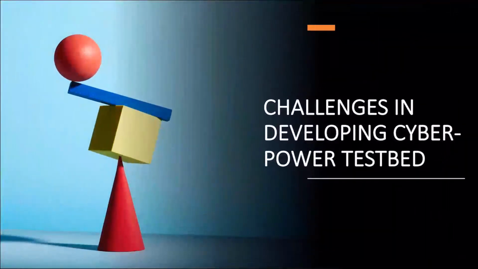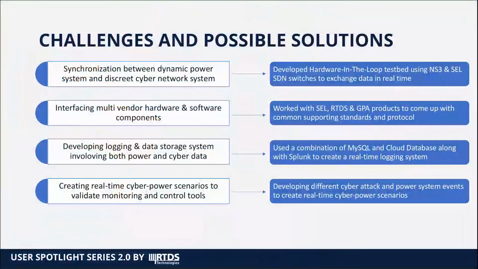Let's talk about some of the challenges that we have encountered, and in general these are the challenges that anyone has to encounter while developing a real-time cyber-physical testbed. The challenges can be divided into four major categories. First is the synchronization between the dynamic power system and discrete cyber network systems.